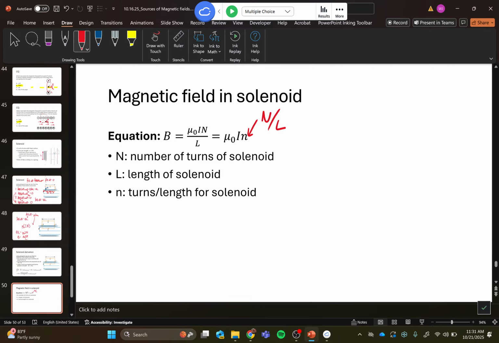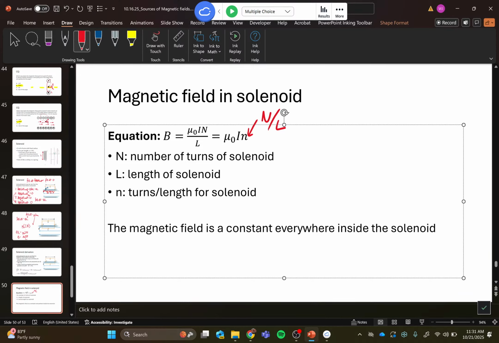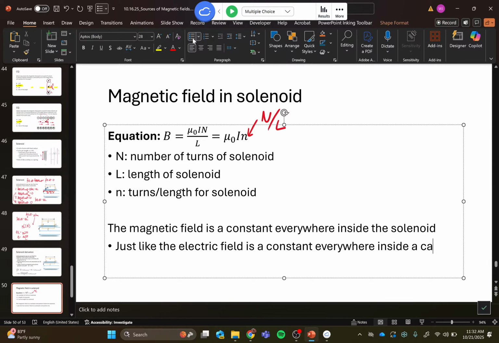All right? Something very important. I'm going to put this: the magnetic field is a constant everywhere inside the solenoid. And I'll even remind you all of the thing I did last time: just like the electric field is a constant everywhere inside a capacitor.